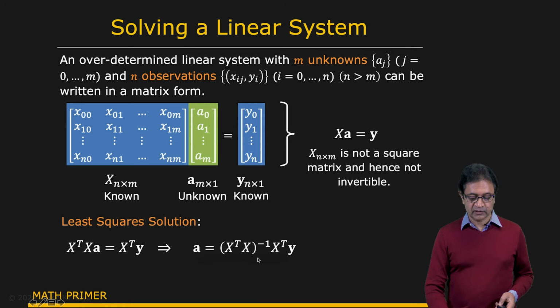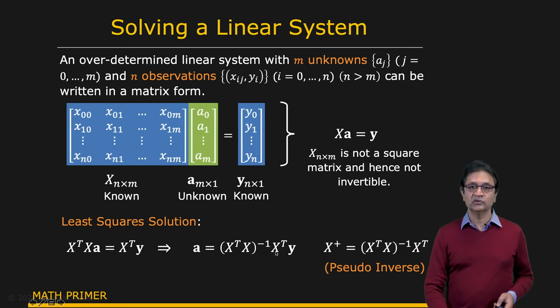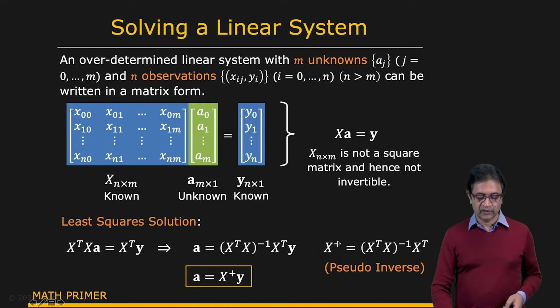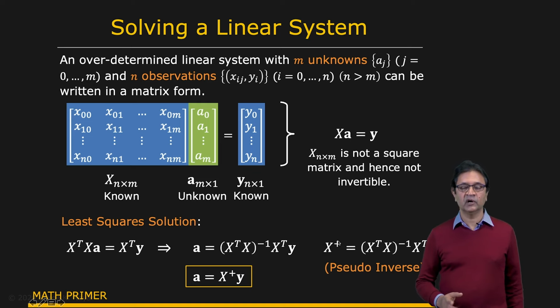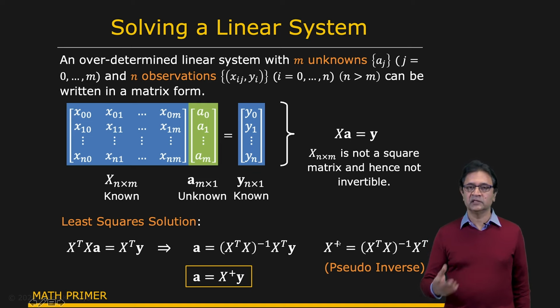And this term right here, X transpose X, the whole thing inverse, times X transpose, is called the pseudo-inverse, sometimes given this notation X plus. So we have a equal to X plus y. This is a very general technique for solving an overdetermined system of linear equations.